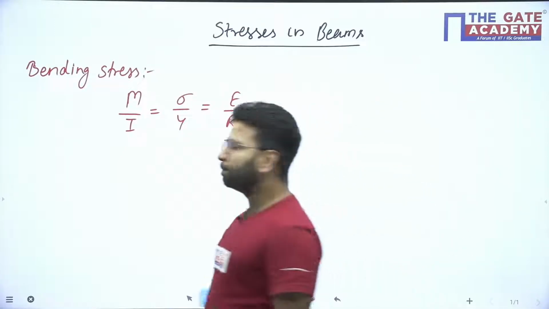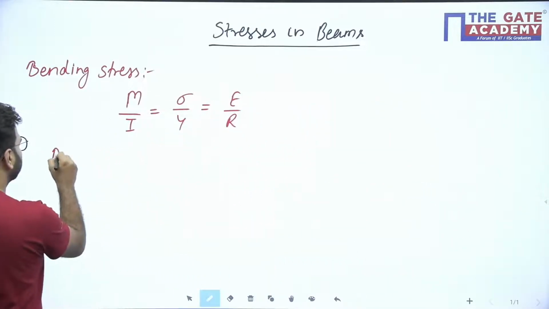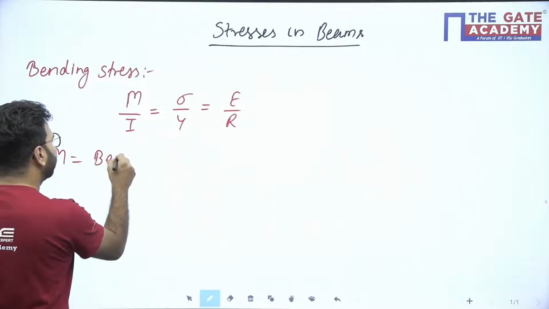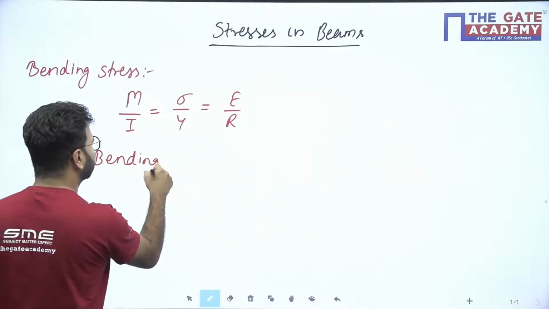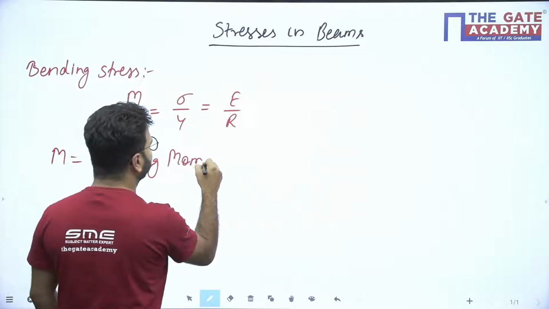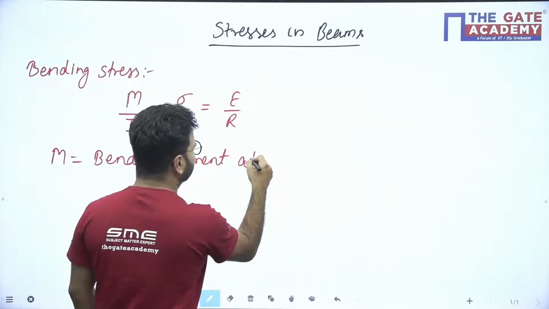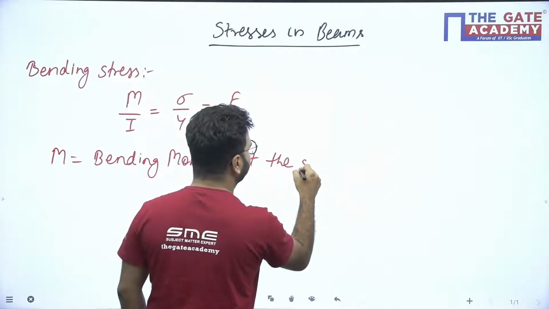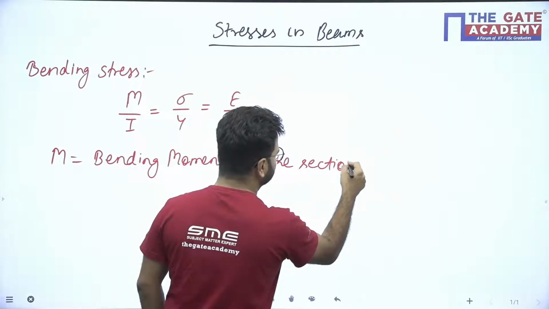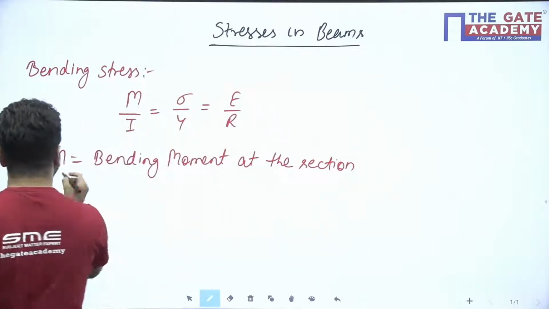What is M here? M is the bending moment at the section. What is I?